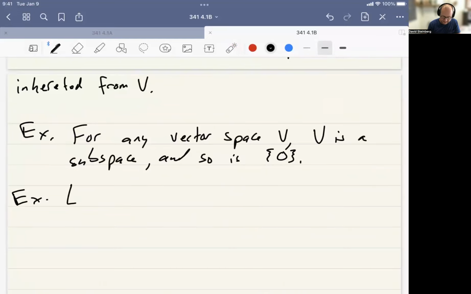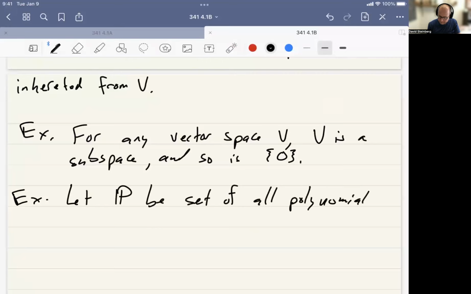Maybe let's let boldface P be the set of all polynomials in one variable with real coefficients.